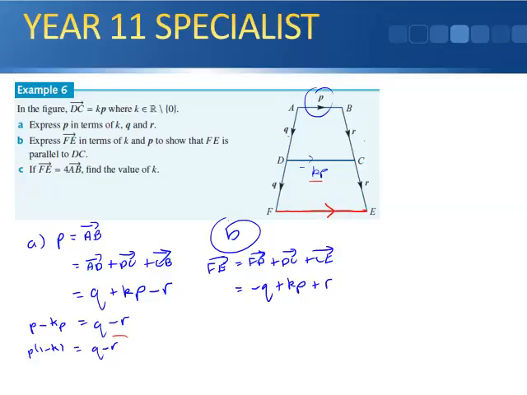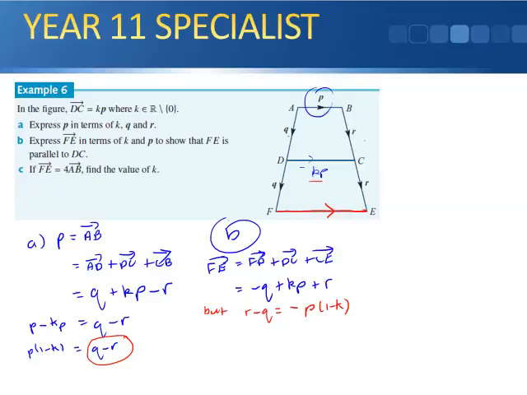Now look at this. I've got Q minus R here from part A, and I've got R minus Q, so the negative part of it. So I'm going to say, but R minus Q will equal negative P(1 minus K).